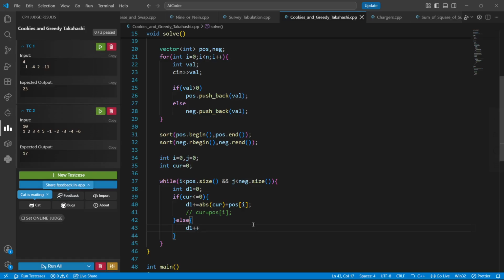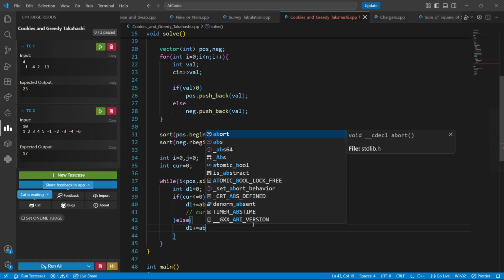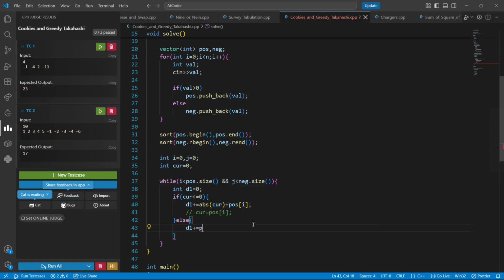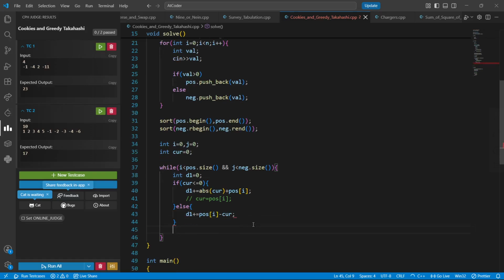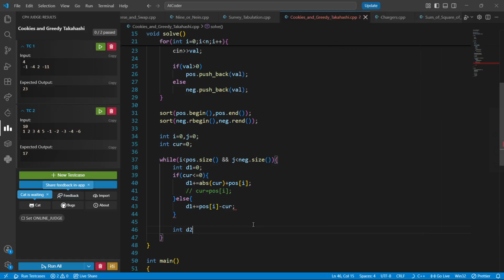Else, if current is greater than 0, it means the cookie we are taking is on the positive side and Takahashi is also on the positive side. In that case, your answer will be positive of i minus current. Similarly, we'll have to calculate distance d2.